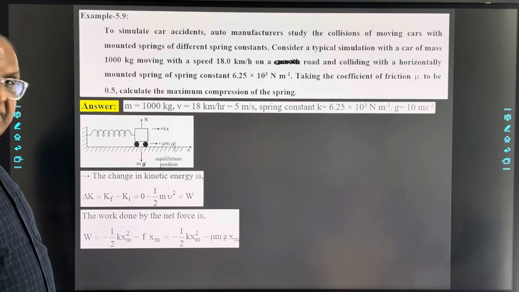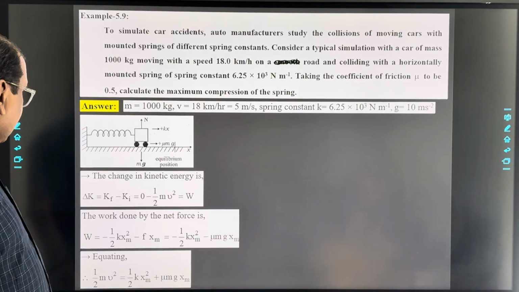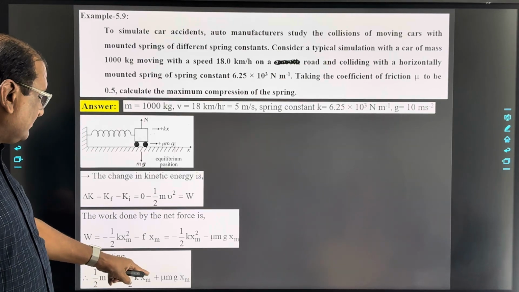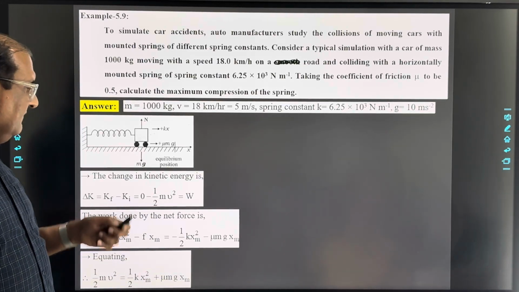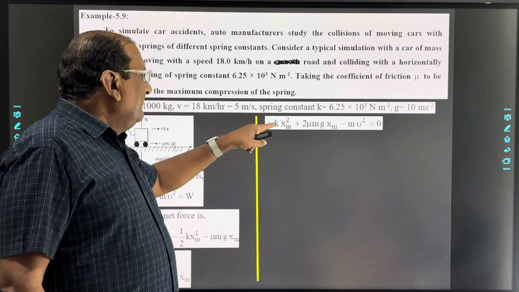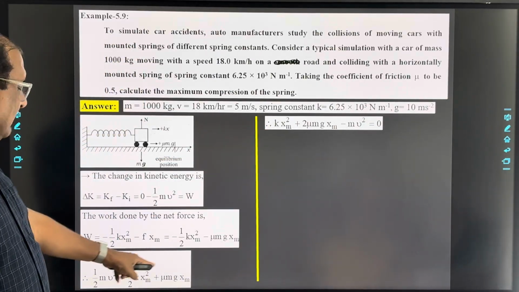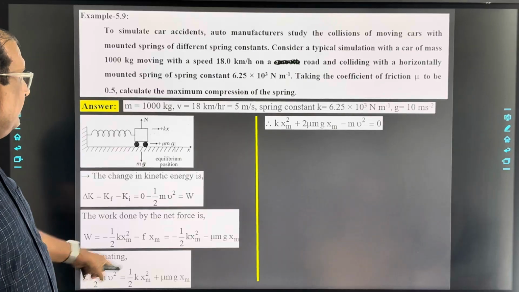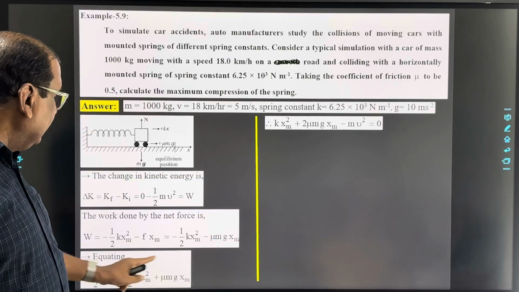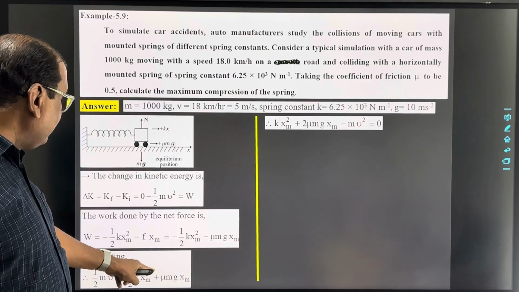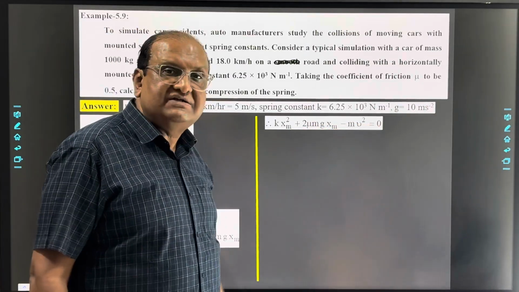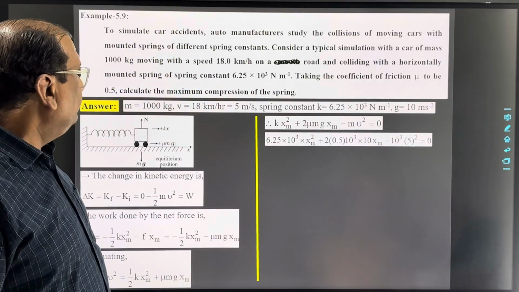Compare these two equations. So we can write half mv square equal to half k xm square plus mu mg xm. Now here multiply both sides by 2. So we can write mv square and take it on the right hand side: k xm square plus mu mg xm minus mv square equal to 0.